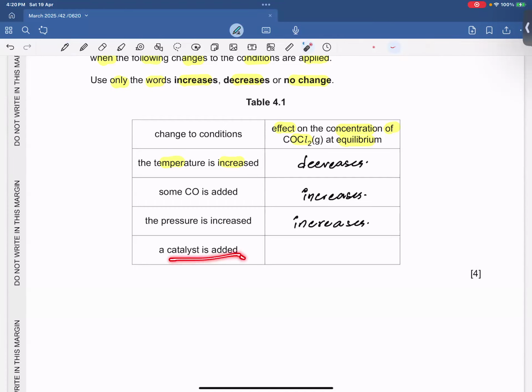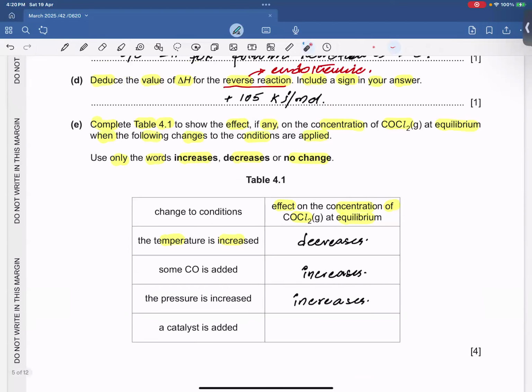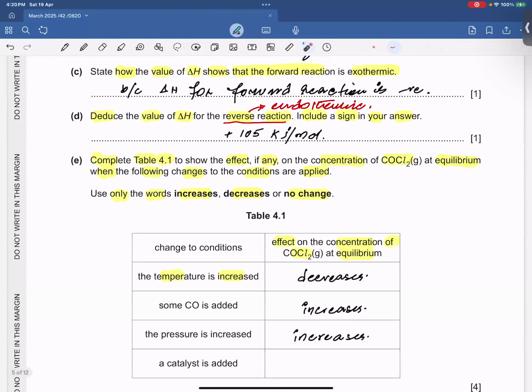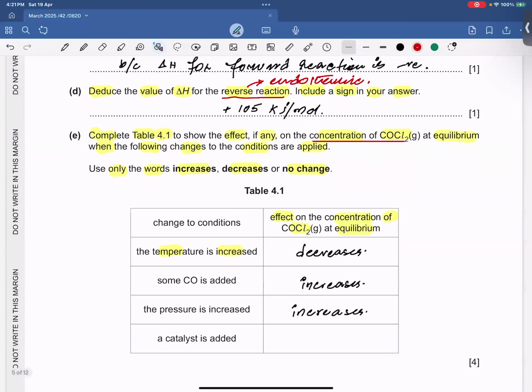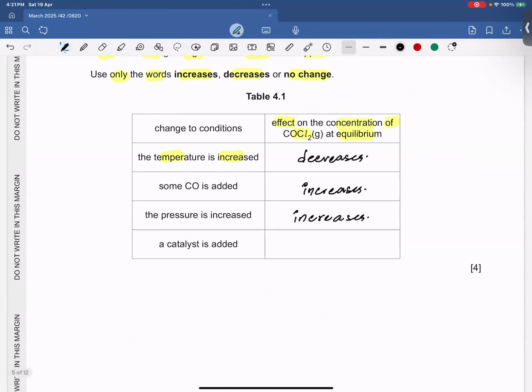Catalyst is added. So a catalyst increases the rate of the forward and the backward reaction. A catalyst never increases the concentration of COCl2. So no change in this particular condition. Okay.